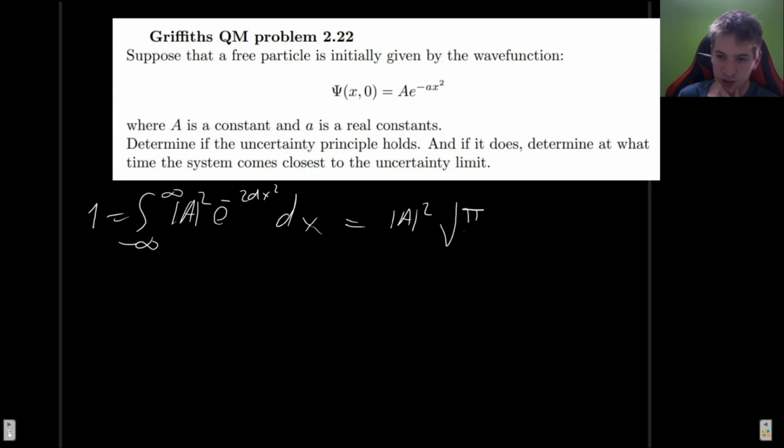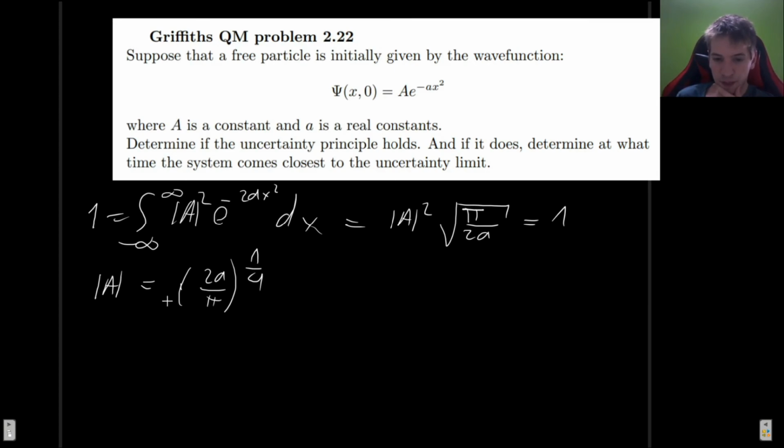This is just the square root of pi divided by 2a. We have seen many integrals of this type before. This is going to be equal to 1, so from there we see that A is going to be (2a divided by pi) to the 1/4 power. Okay, so that is the normalization constant.